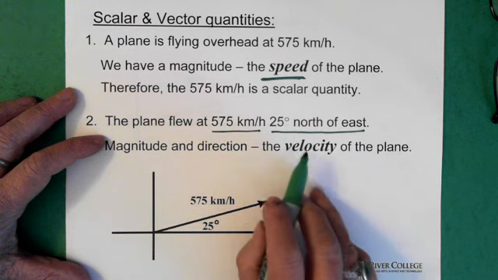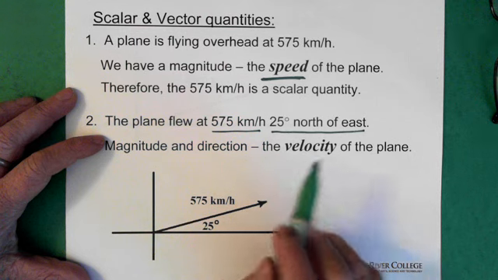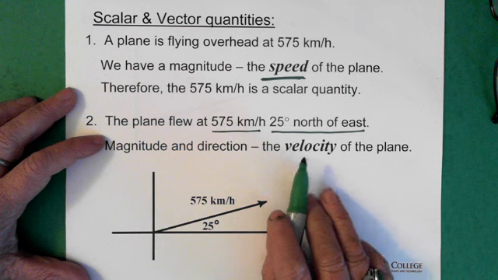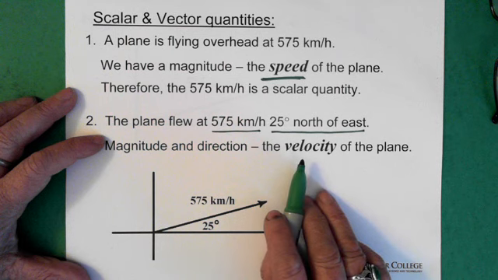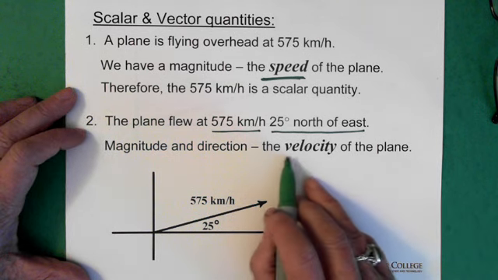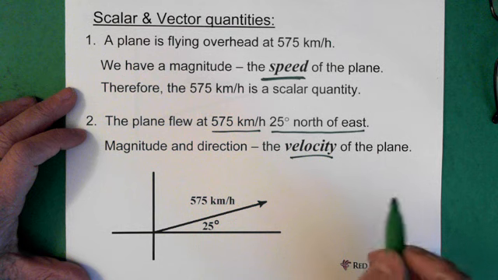So when we're talking about distance over time, and it's a scalar quantity, it's speed. And if it's a vector, not a scalar quantity, it is called velocity.